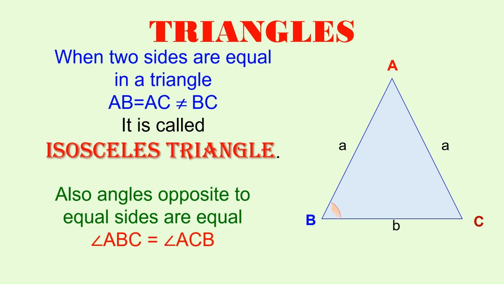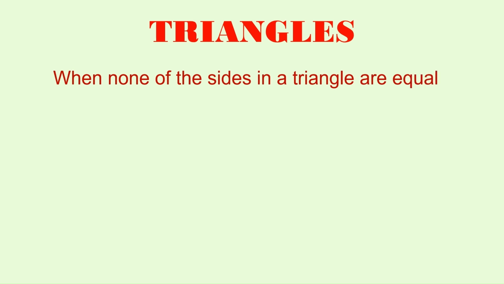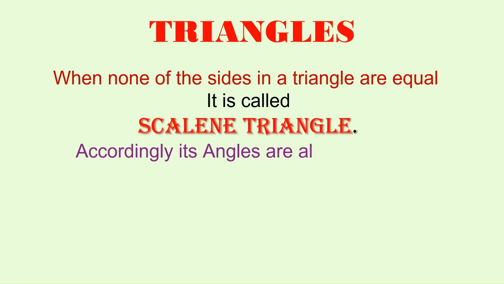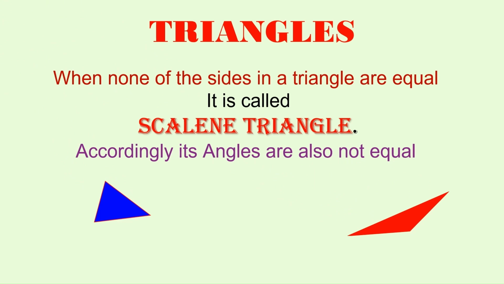Angle ABC equals angle ACB. When none of the sides in a triangle is equal, it is called a scalene triangle. Accordingly, its angles are also not equal.